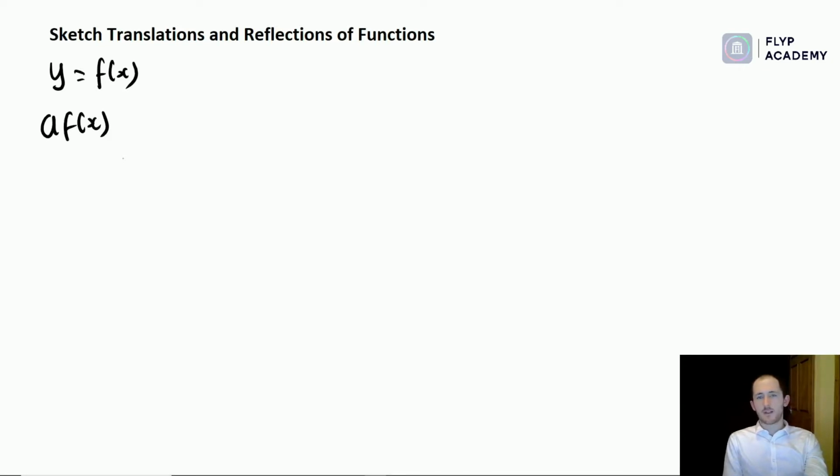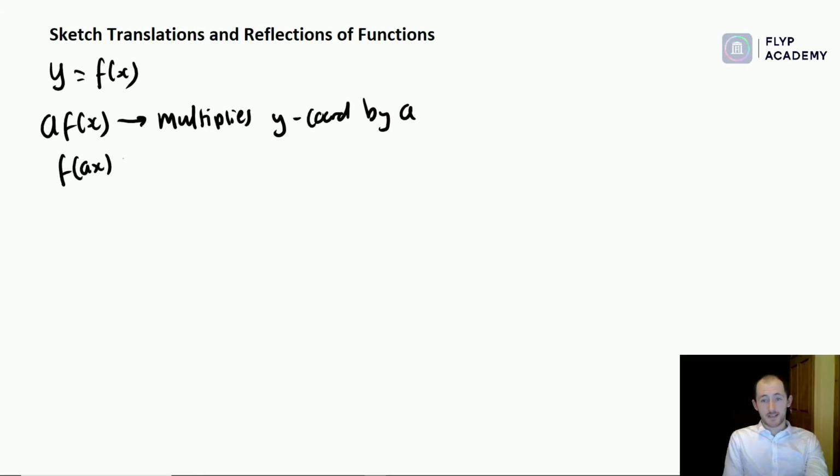If it's outside the bracket, it multiplies y coordinates by a, and if it's inside the bracket, it does the opposite. So divide x coordinates by a.